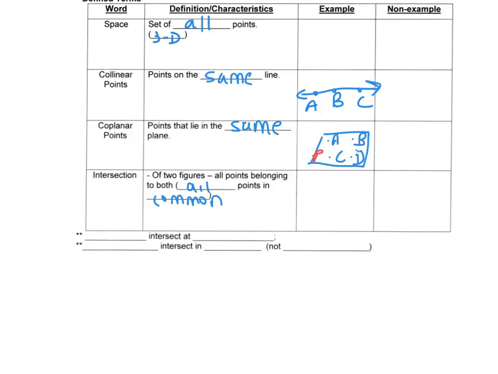For one, if 2 lines intersect, like this, where's their intersection going to be? Well, obviously it's just going to be here in the center. So lines intersect at a point. So if I asked you here, this line intersects this other line, you would say it's at point A or point B, whatever it is.